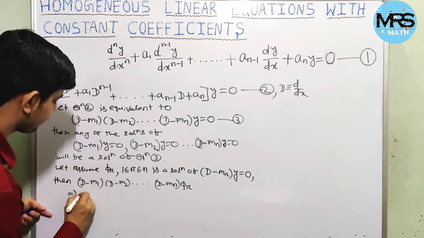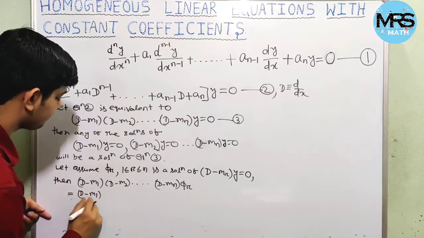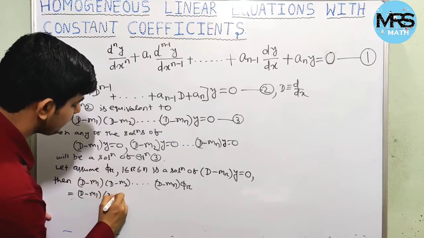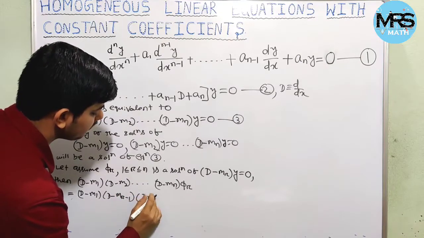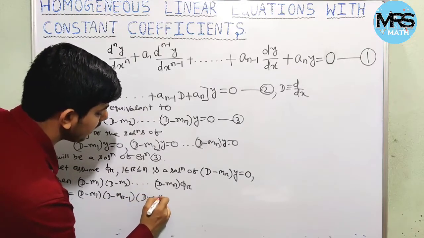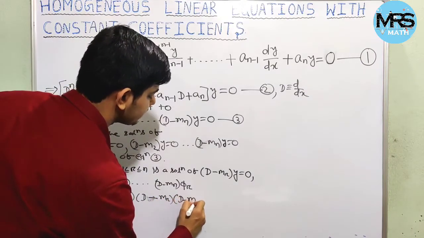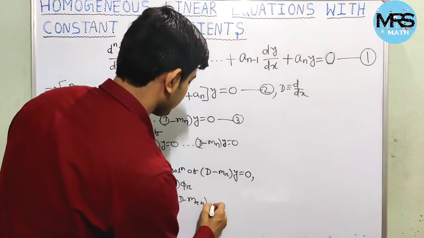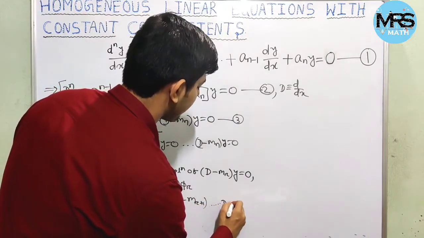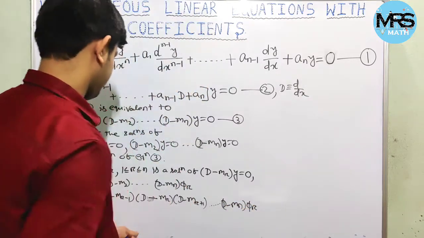This is equal to D minus m1 up to D minus m r minus 1, D minus m r, into D minus m r plus 1, and so on up to D minus mn, into phi r.